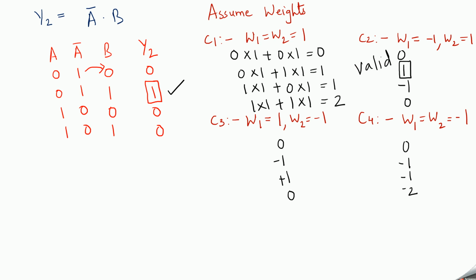So when we are basically drawing the Macaulay-Pitts neuron model for part B, we consider over here your A and B, which are the inputs, and Y2, which is the output. And here W1 is -1 and W2 is 1.